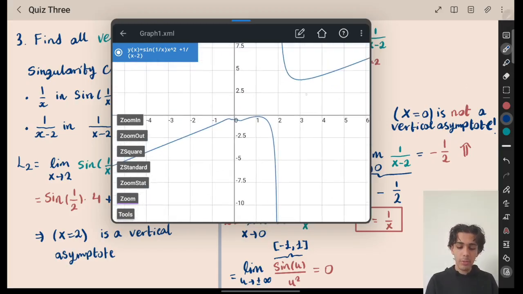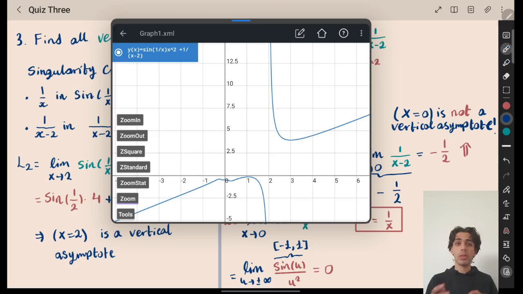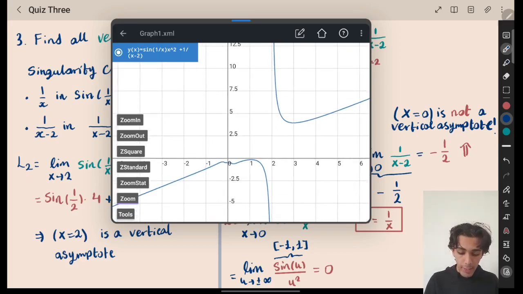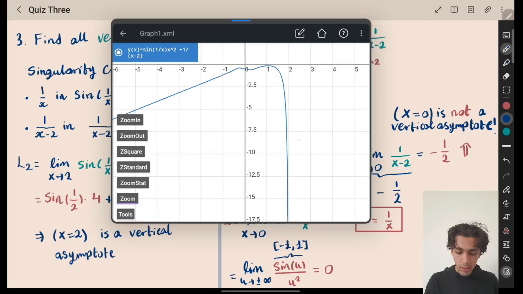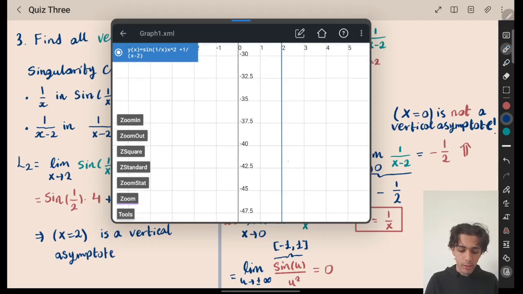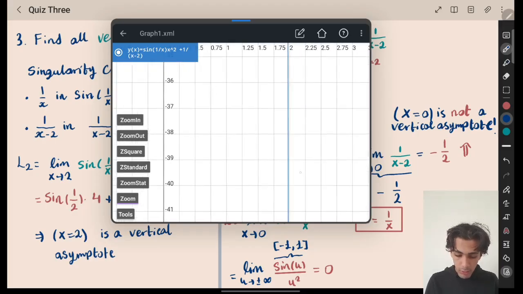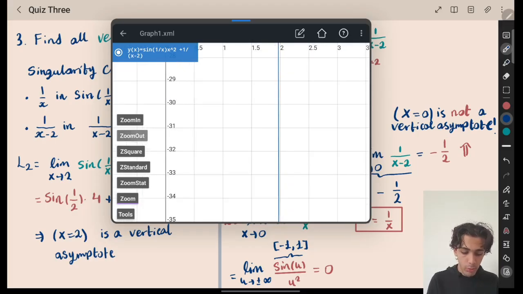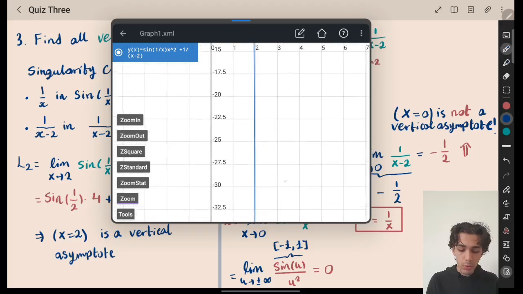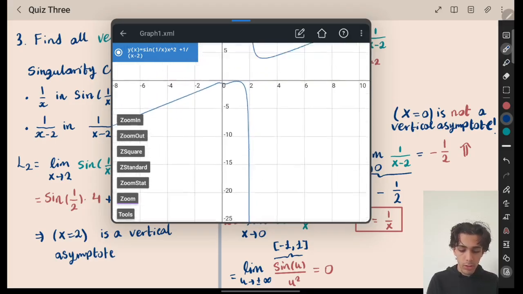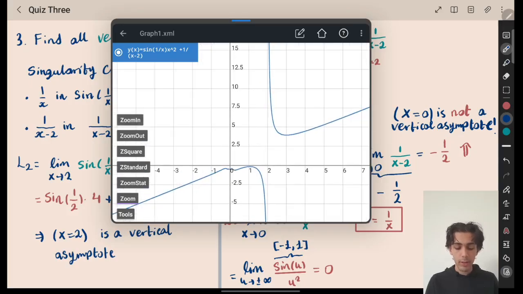We have almost the same behavior that we see with 1 over x happening at 2. So no matter how close we get, we can always zoom in and we will find space. So it will never touch the line 2. It will only get close to it. Which is, yeah, it's sad. Some things are just not meant to be.